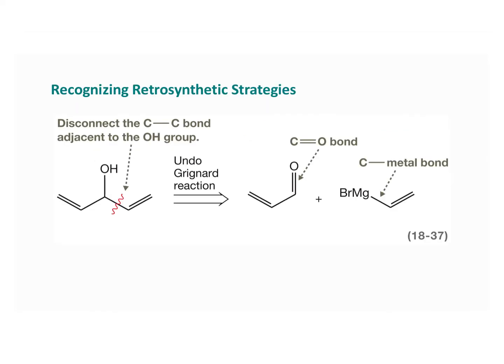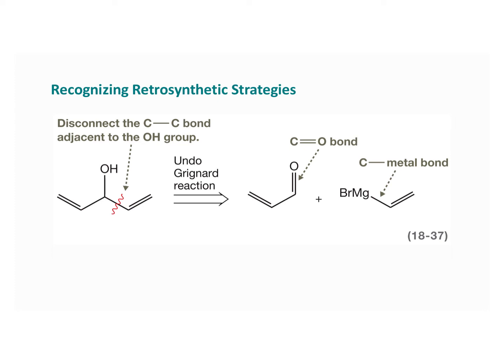Now, because of the utility of the Grignard and the alkyl lithium reactions in synthesis, it's important to be able to undo these reactions comfortably in your mind to execute transforms efficiently in retrosynthetic analysis.